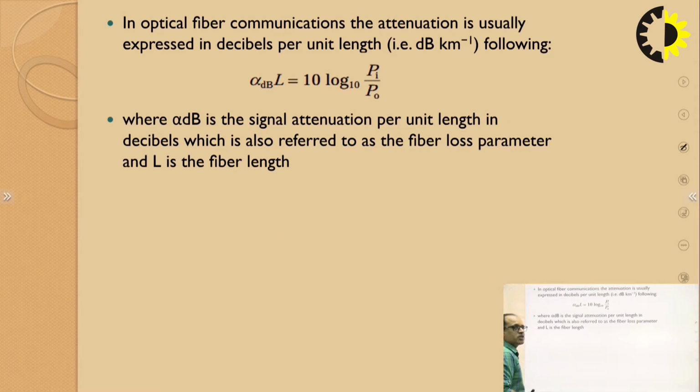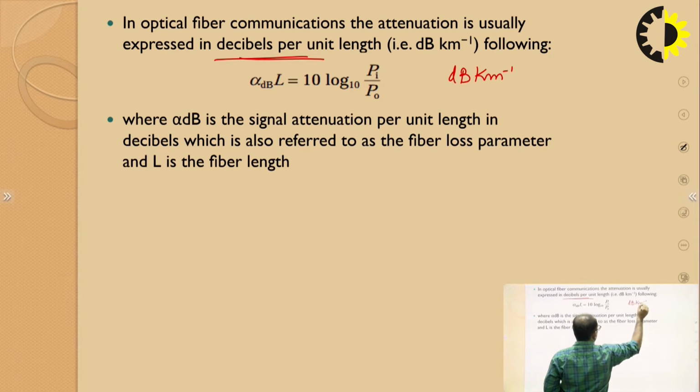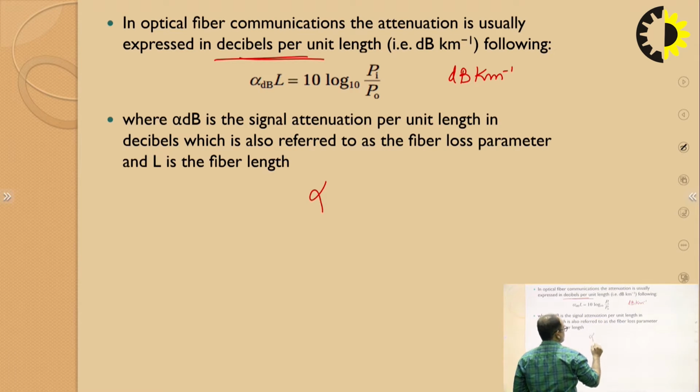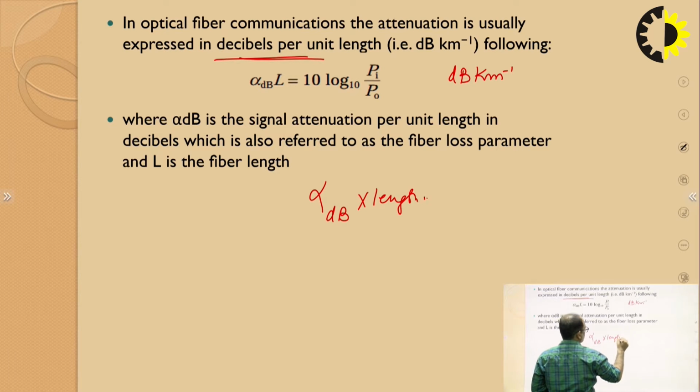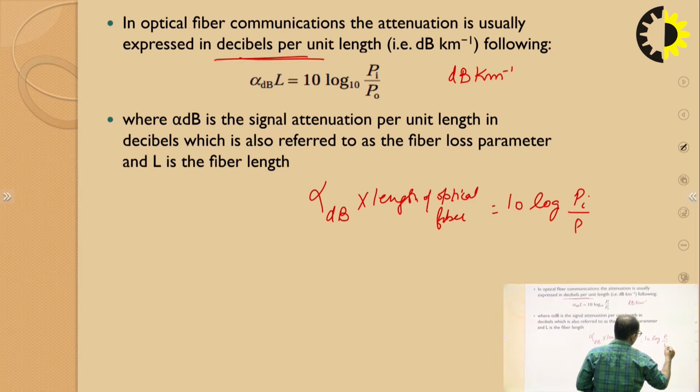So, attenuation, which I have already told you, can be expressed in terms of decibel per unit length, that is dB per kilometer, and this is equal to alpha dB multiplied by the length of the optical fiber cable, which is equal to 10 log of P input divided by P out.